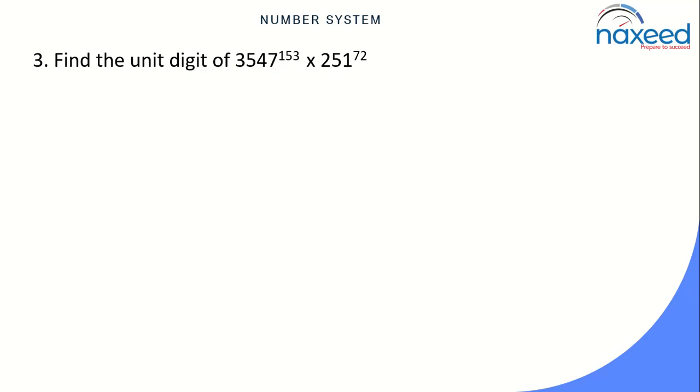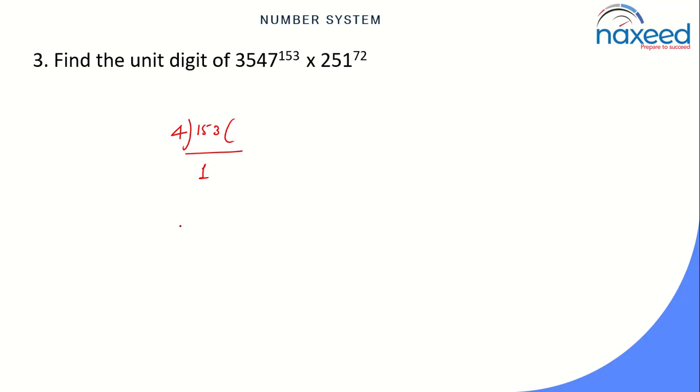We all know the cyclicity of 7 is 4. Correct? Next step, we have to divide this power, 153, by 4. What do we get in the remainder? In the remainder we get 1 only, correct?